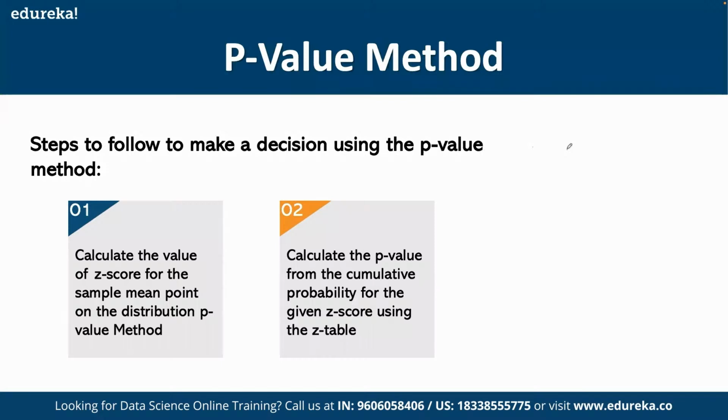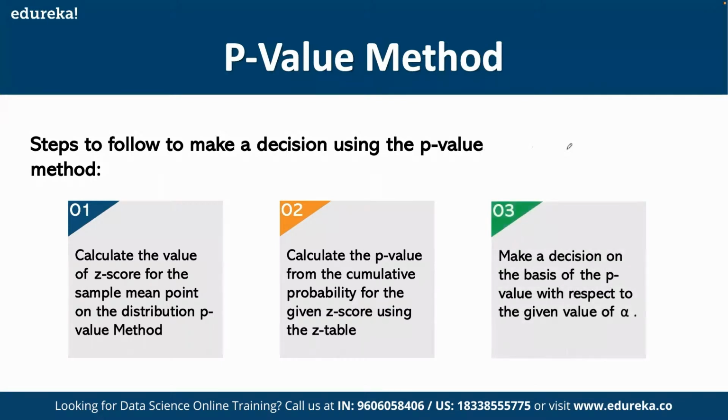This is followed by making a decision on the basis of the p-value with respect to the given value of alpha. These are the steps we follow to make a decision using the p-value method. So you're now familiar with two methods: the p-value method and the critical value method.